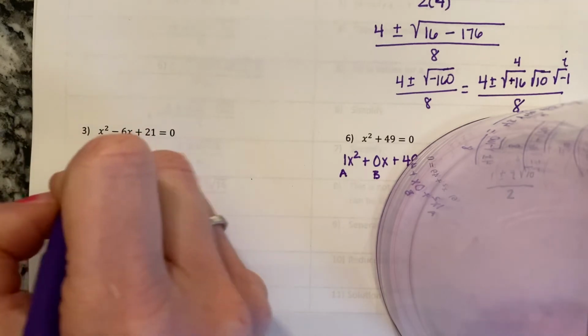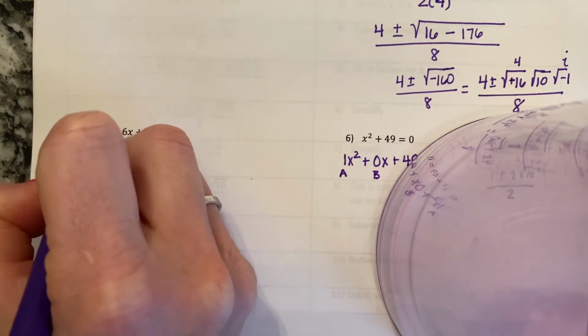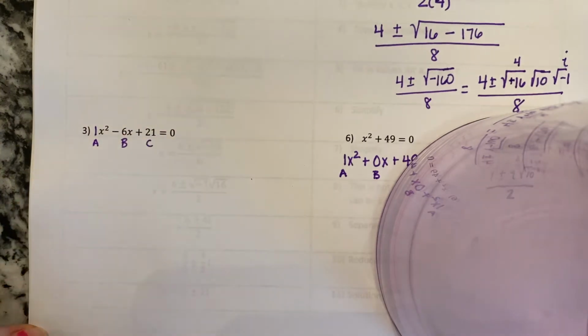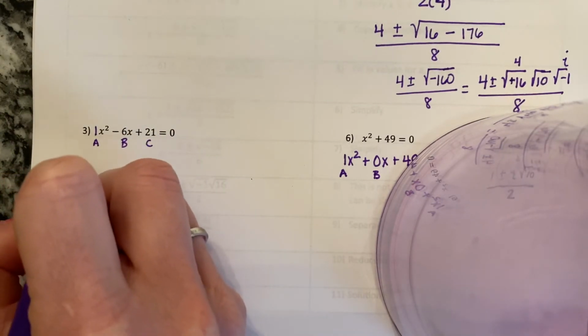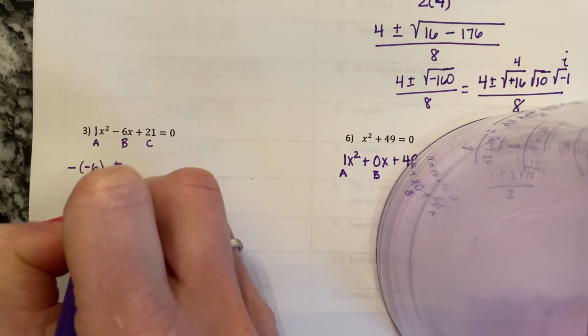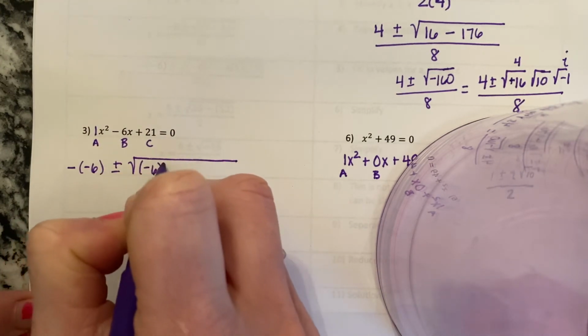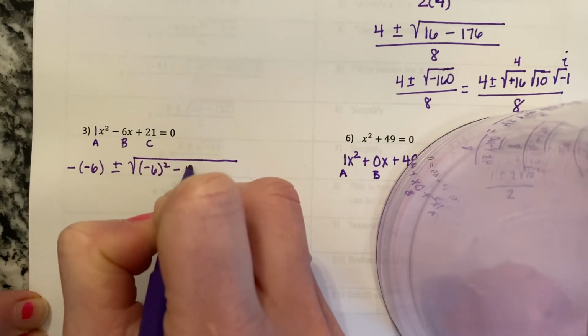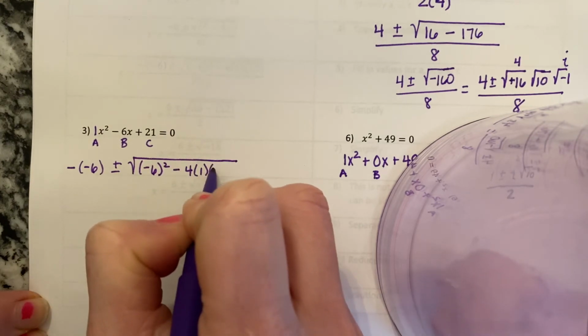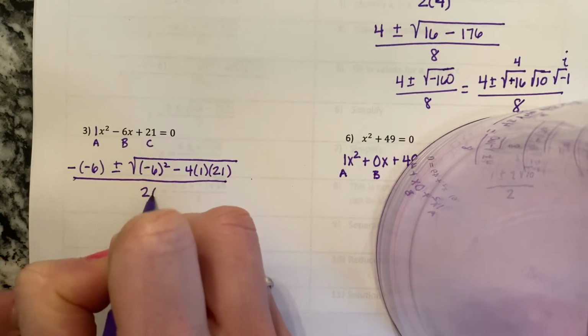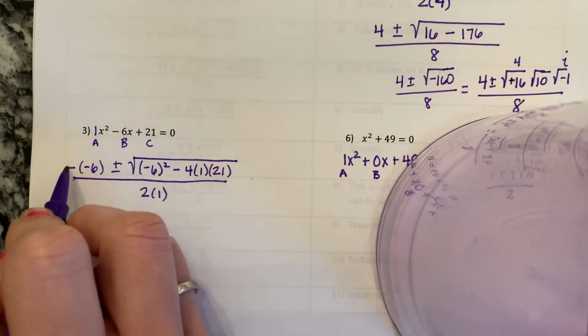Okay, so we've got a nice neat formula. My A is 1, my B is negative 6, my C is 21. So negative B plus or minus the square root of B squared minus 4 times A times C all over 2A. So clean that up.